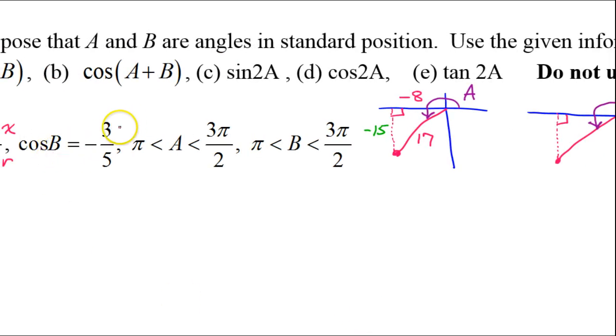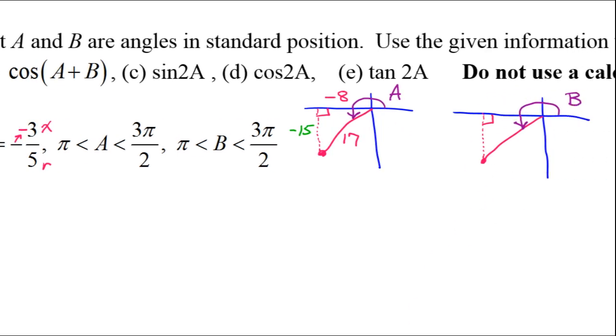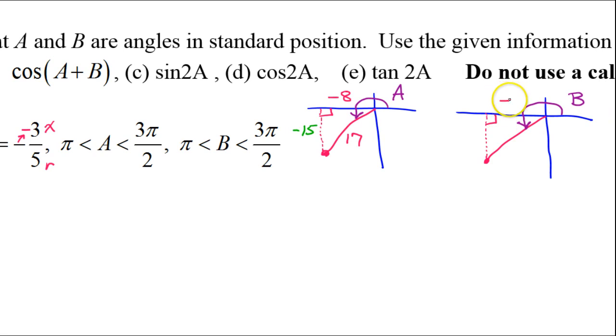I know the cosine, which is x over r, and again this negative sign must belong to the 3. So my x value is negative 3, that goes there. The 5 is the radius, so that goes there.